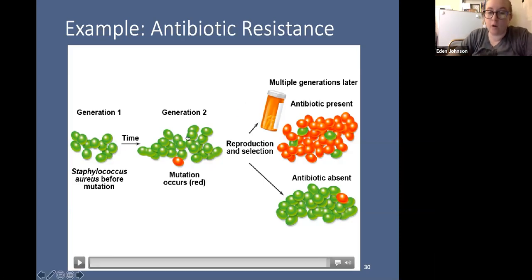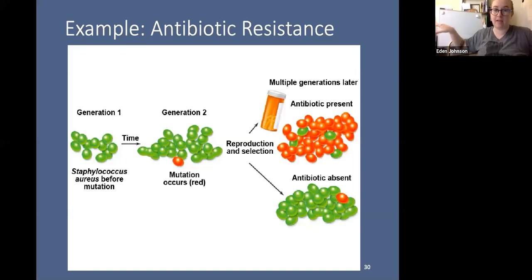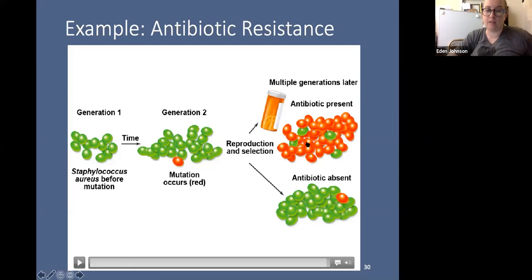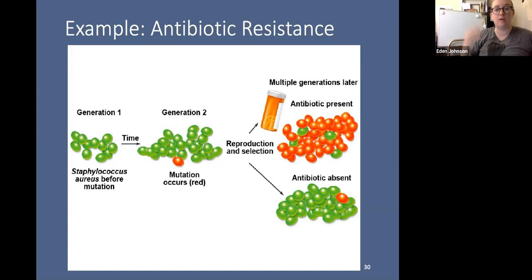So if antibiotics are present, this bacterium is going to thrive. Almost everybody else is dying, and it is thriving. It is going to reproduce so much that this red trait is present more often in the next generation than the green trait. That's because it conferred this sort of selective advantage in that particular environment.